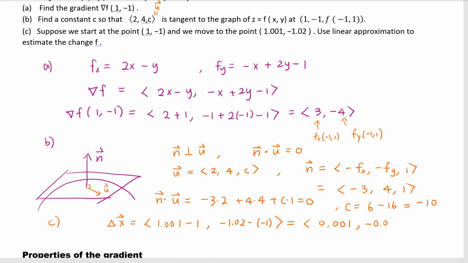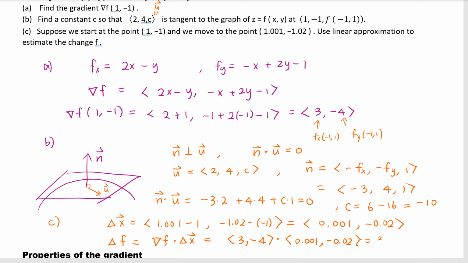It becomes minus 0.02. So change of f equals the gradient dot this run vector. The gradient (3, -4) dot (0.001, -0.02).